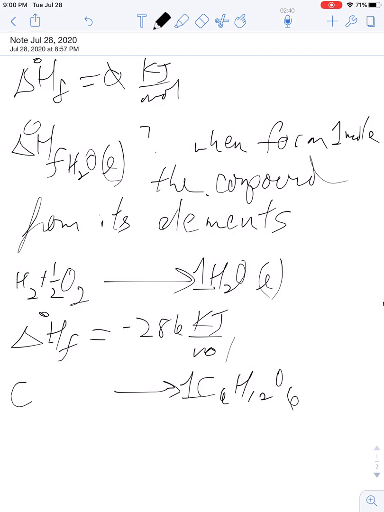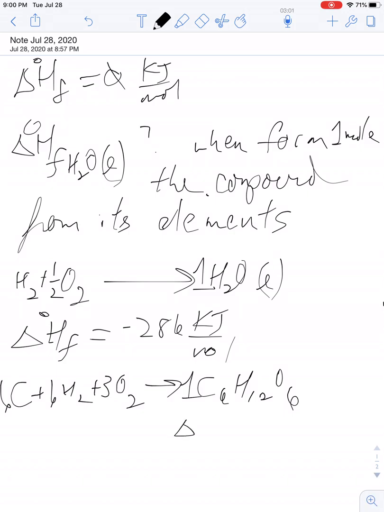So it would be forming it from carbon, hydrogen, and oxygen. So in order to balance it, I would need a 6 there, and I would need a 3 here. And I would need a 6 out in front of the carbon.